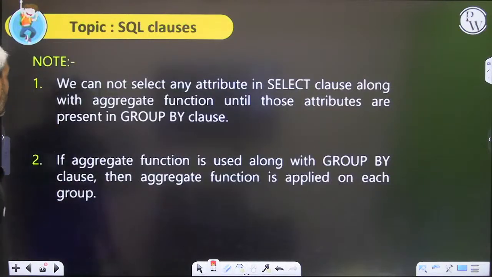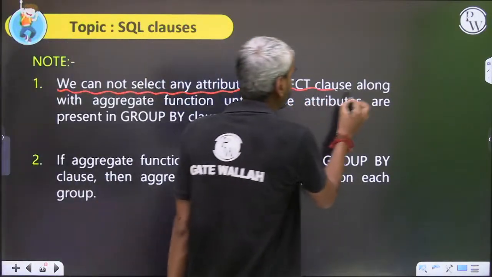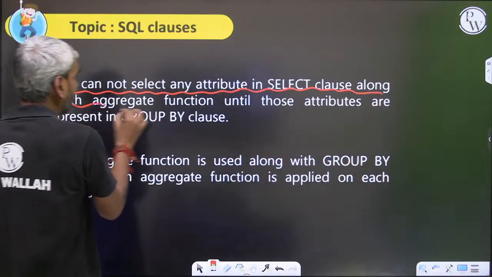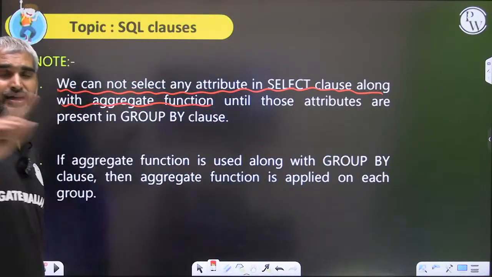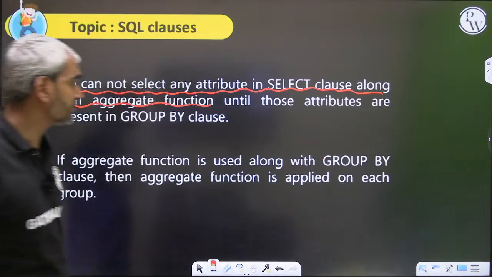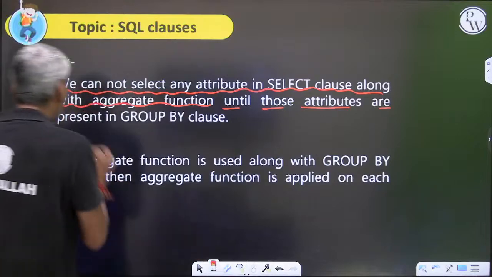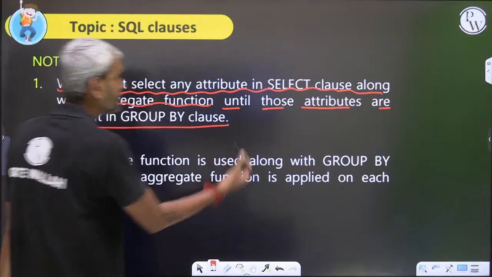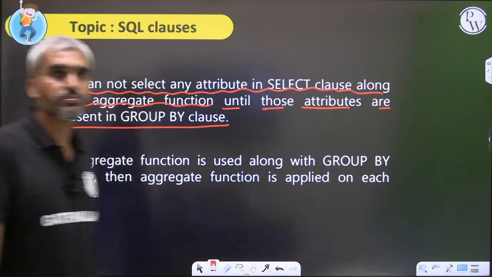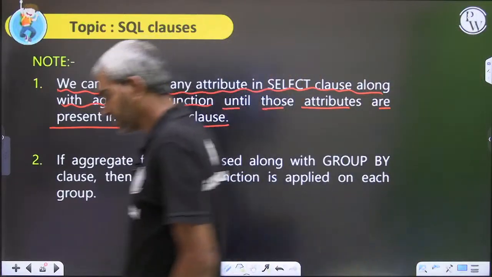So that's an important rule. We cannot select any attribute in the select clause along with aggregate function until those attributes are present in group by clause.